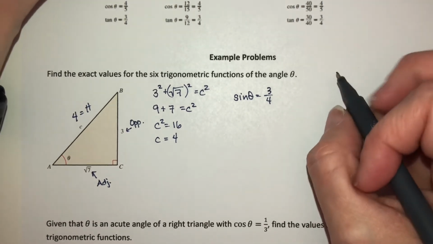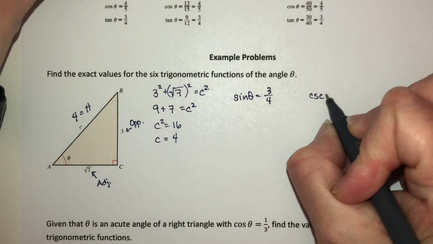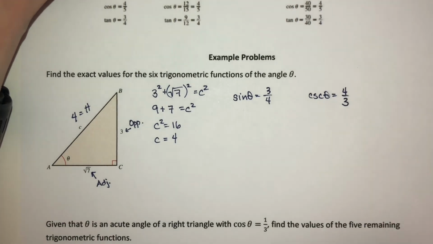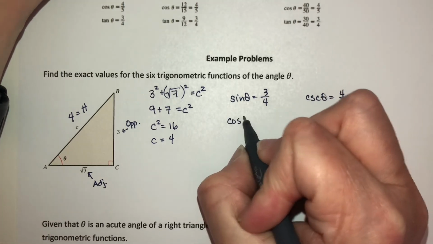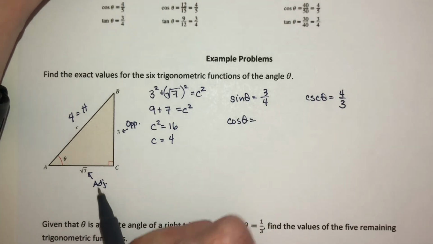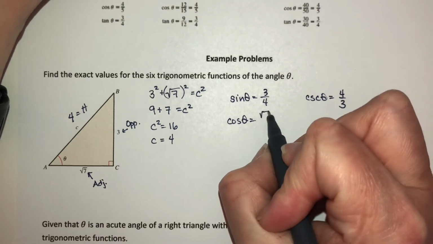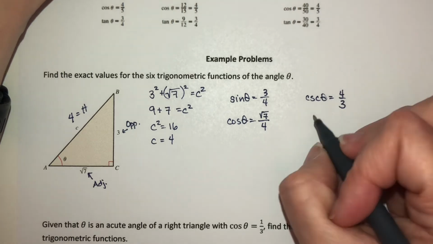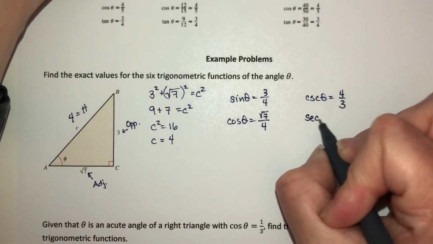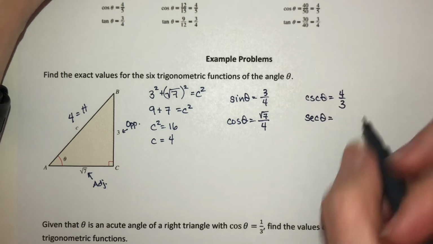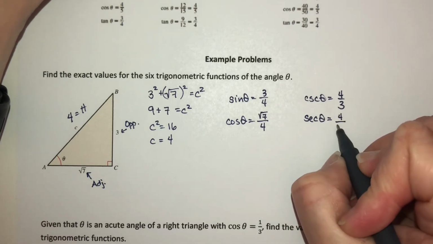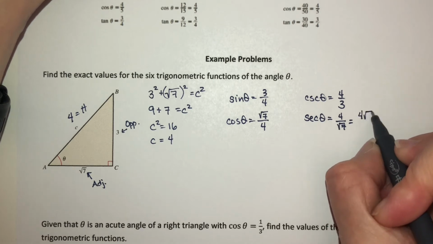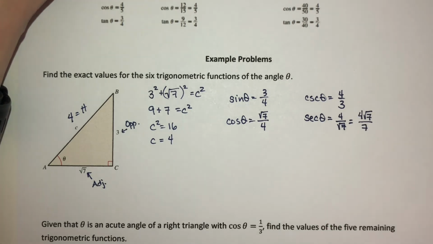And then that means cosecant, which is the reciprocal, would be 4/3. Cosine of theta is adjacent over hypotenuse, so square root 7/4. And that means that secant of theta is the reciprocal of this, which is 4 over the square root of 7, and then if you rationalize it, you get 4 square root 7/7.